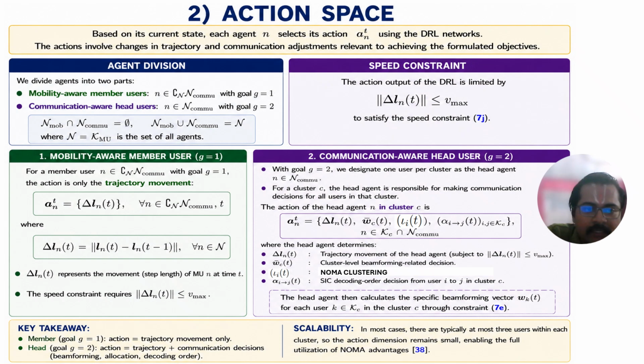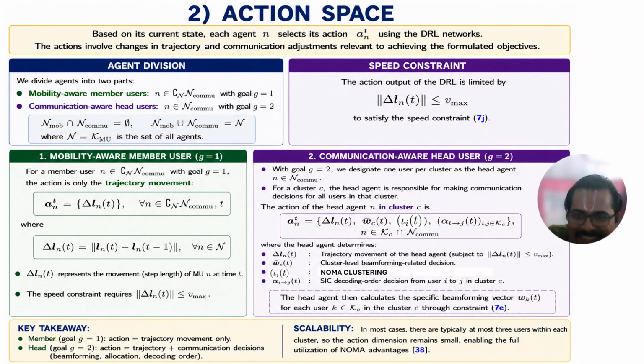Let's see the mobility aware user. This is the action. You can see the action depends upon location. Speed constraint: the difference should be less than or equal to maximum velocity. Next, communication aware actions are trajectory, beamforming and clustering. This small Greek letter lambda is the clustering.